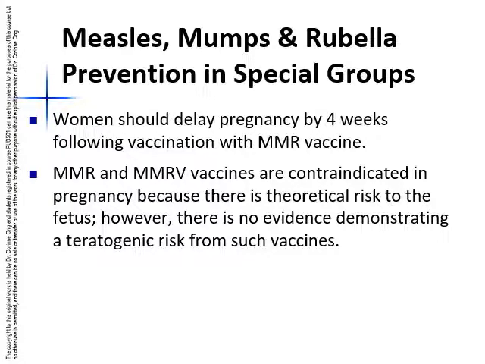Women should delay pregnancy by 4 weeks following vaccination with the MMR vaccine. Both the MMR and MMRV vaccines are contraindicated in pregnancy because there is a theoretical risk to the fetus. However, there is no evidence demonstrating a teratogenic risk of such vaccines.